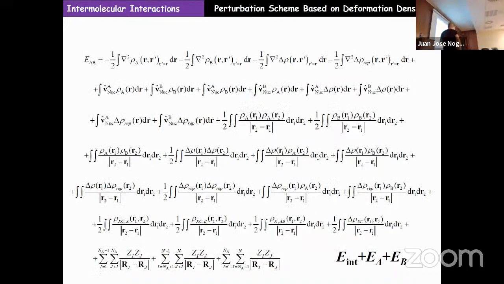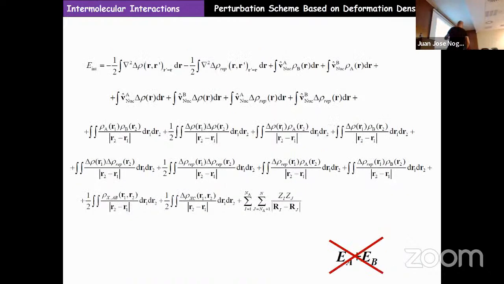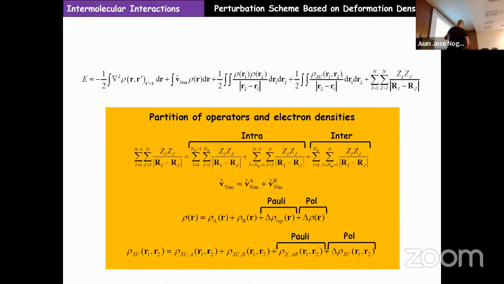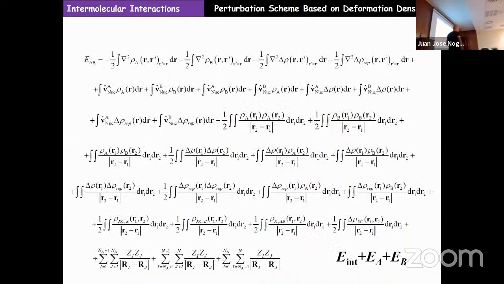Well, of course, I introduce this partitioning in the previous expression. I have this gigantic equation, nothing gigantic, but the terms are very clear. I have only to put in my partition and see how many terms I get.